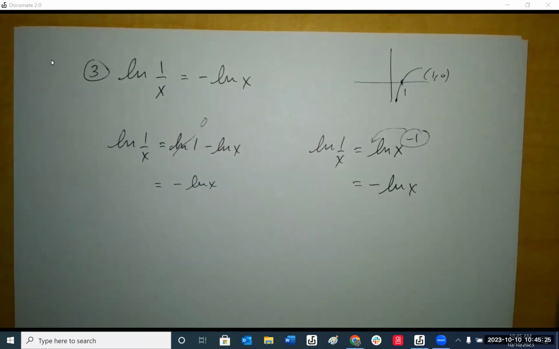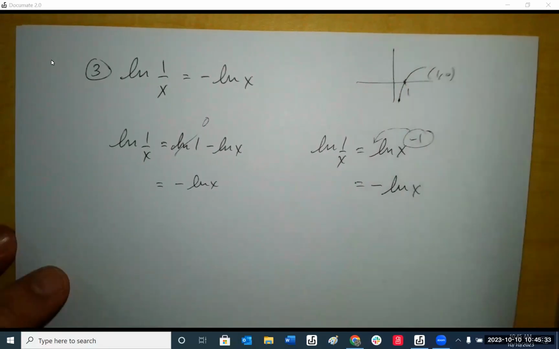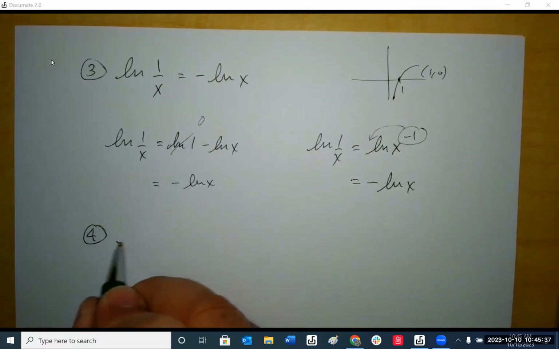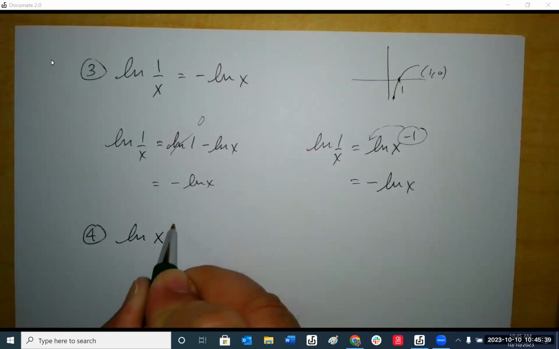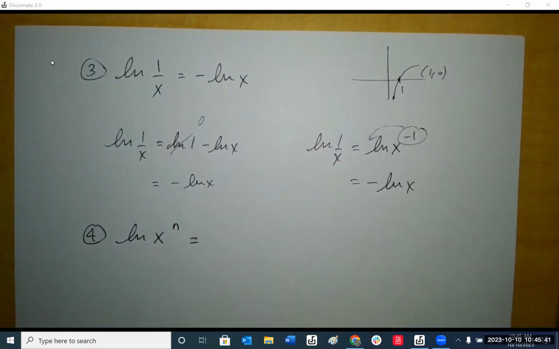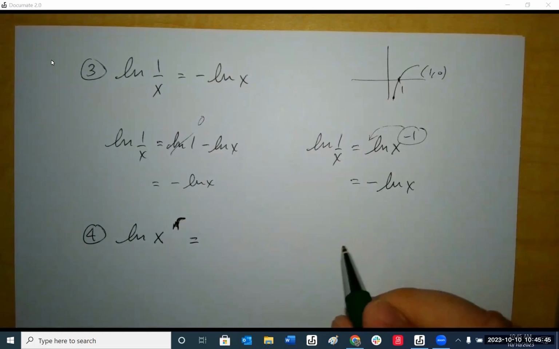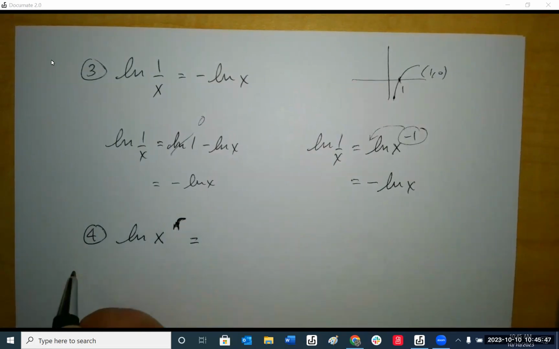And again, it also helps you when you take the derivatives of these things. And 4, oh, no, r, because r is going to be rational.